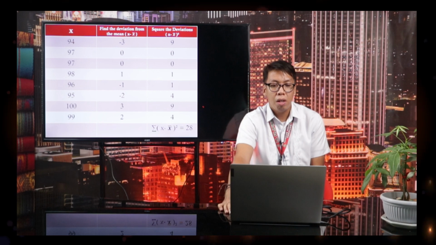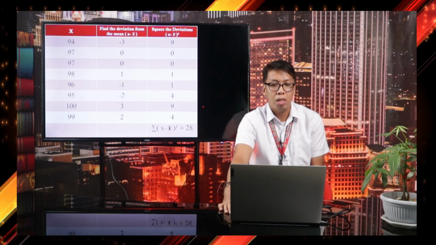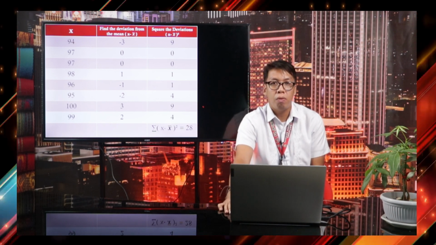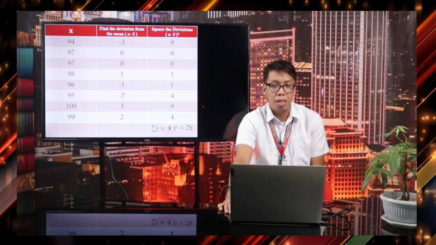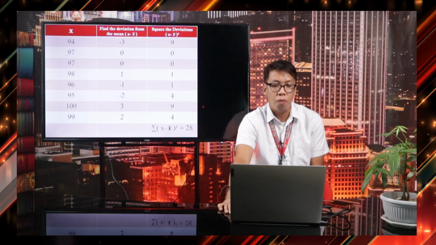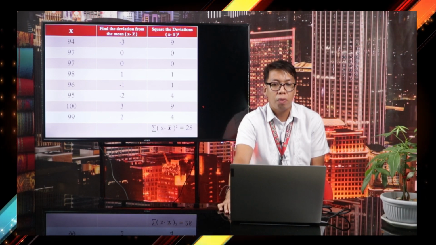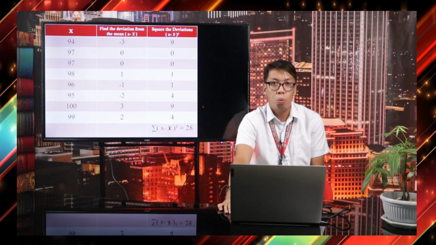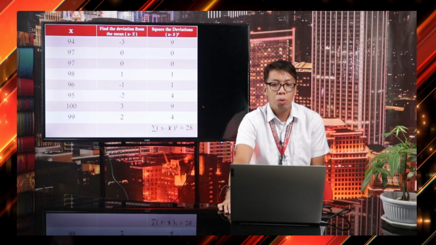And now, there are 3 columns. First is the x. The second column is the deviation from the mean. And the third one is the squared deviations. For the x column, we have 94, 97, 97, 98, 96, 95, 100, 99. For the deviation from the mean, we have negative 3, 0, 0, 1, negative 1, negative 2, 3, and 2.